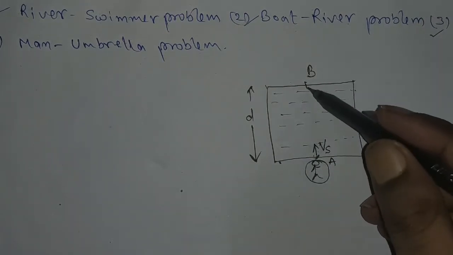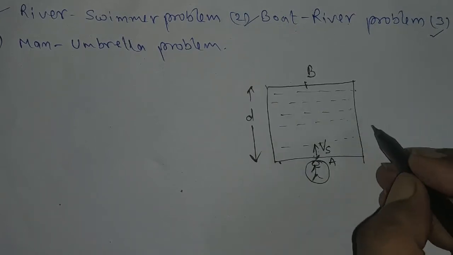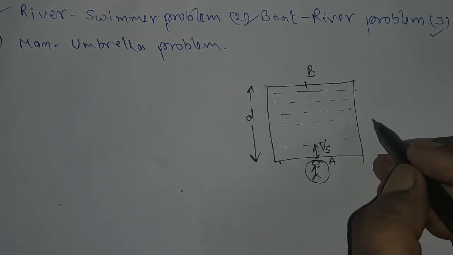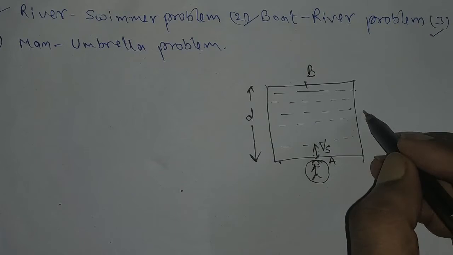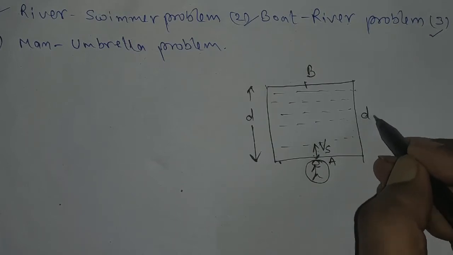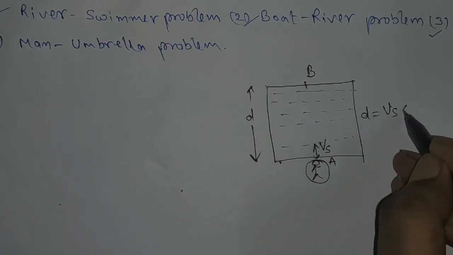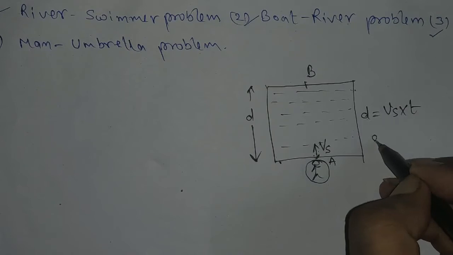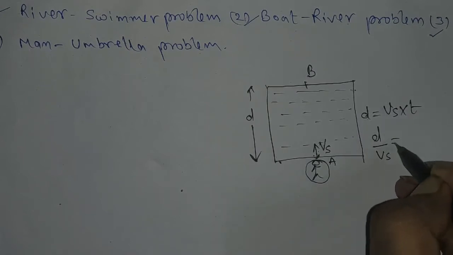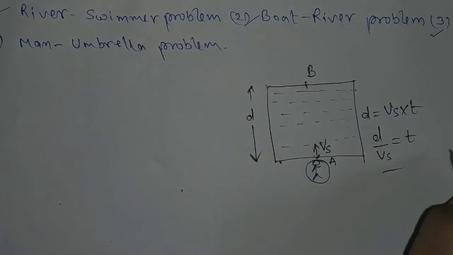So what will be the time taken by him to cross the pond? We know that distance is equal to velocity into time, so d equals Vs into t. So t equals d upon Vs, and this will be the time taken by the man to cross the river.